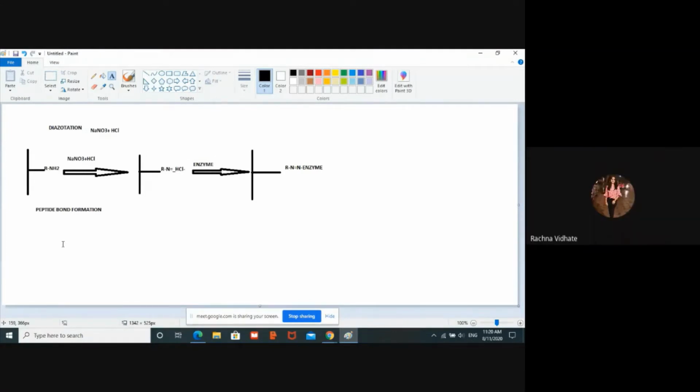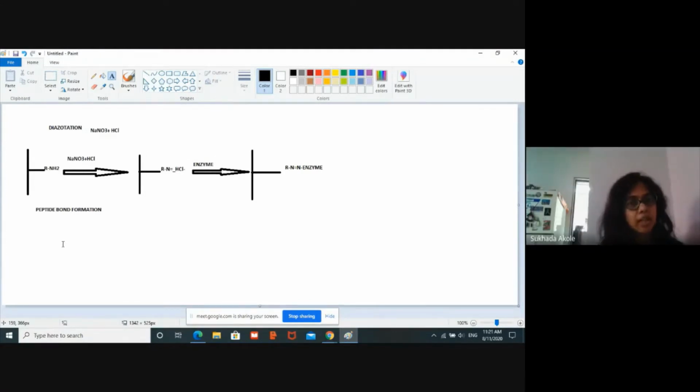This all comes under covalent binding, correct? So, different types of covalent bonds are being formed. The first one was using cyanogen bromide. Second one is by diazotation, meaning we have to make diazo groups on your inert surface. Third is the peptide bond formation.